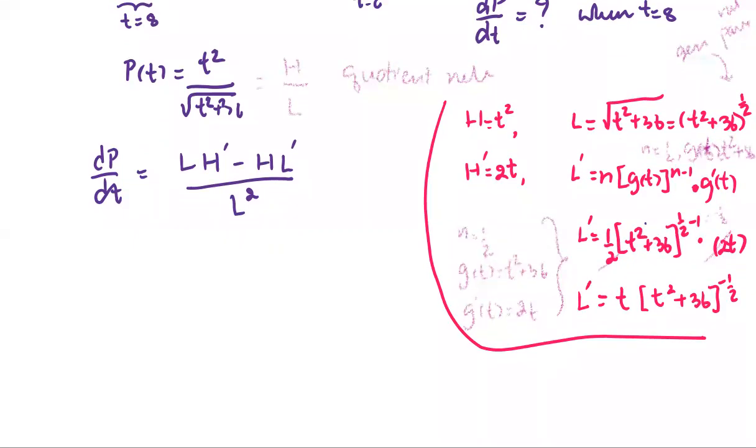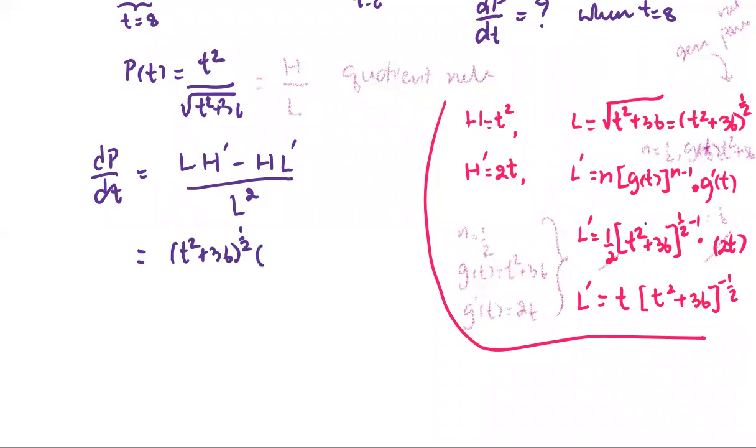And I'm going to bring everything back into the quotient rule to find the derivative of P. The low expression is the quantity t squared plus 36 to the power 1/2. Instead of writing the radical, I'm going to write it as a 1/2 power.